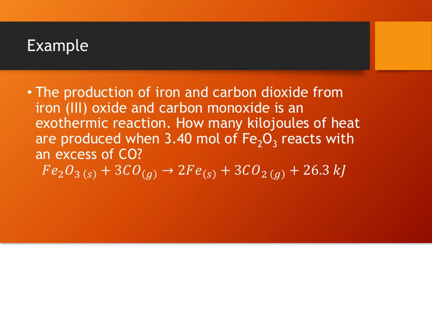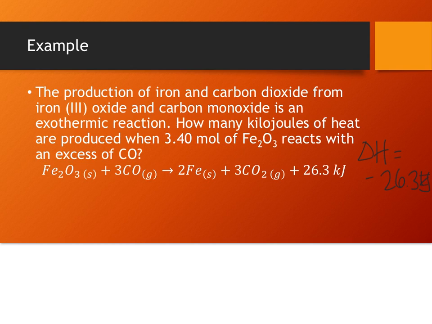Sometimes you'll also see, and the way we can also write this, is that delta H equals negative 26.3. Because that says that when we're actually done with our reaction, our original reactants are going to also give up 26 kilojoules. That means we're overall going to lose 26.3 kilojoules. So this reaction is exothermic.